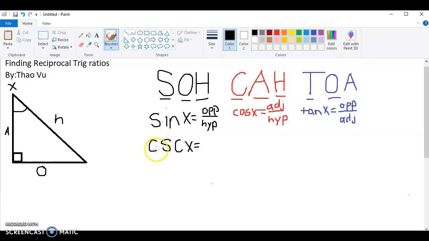But be sure not to get mixed up, as it can sound a lot like cosine. Just remember that cosecant goes with sine.